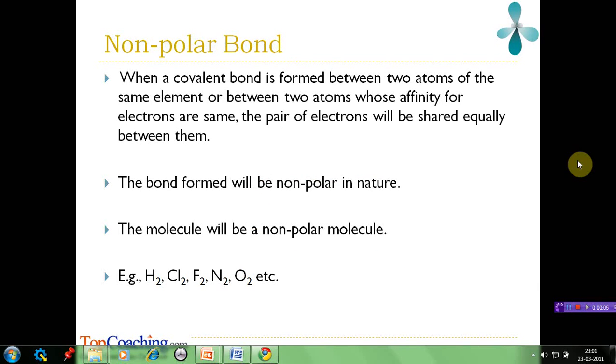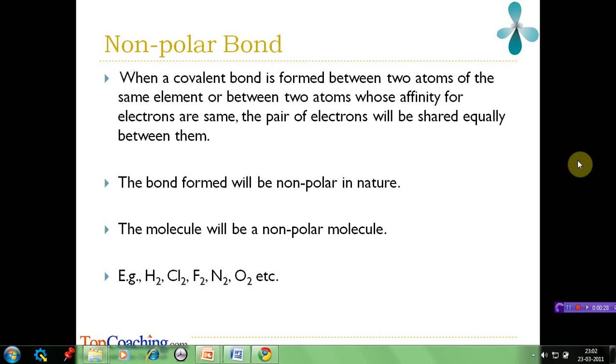Our next topic is polar and non-polar bonds. First of all, let's discuss the characteristics of a non-polar bond. When a covalent bond is formed between two atoms of the same element or between two atoms whose affinity for electrons, that is their electronegativity, is almost the same, the pair of electrons will be shared equally between them.